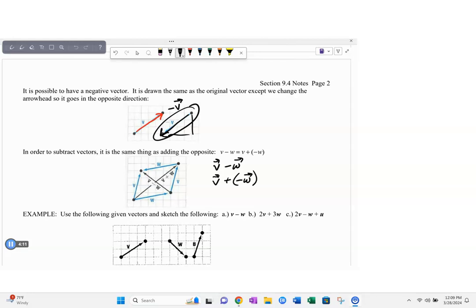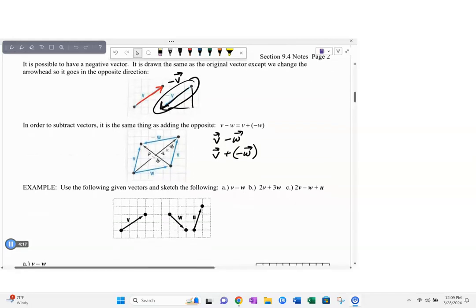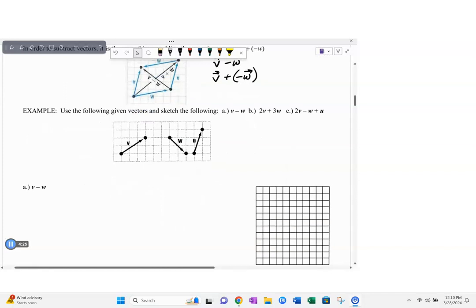We'll do some examples here. Let's do this first one. Here's our vector v, vector w, and vector u. The first one we're going to do is vector v minus vector w. We'll go vector v plus, and then we'll go in the opposite direction of w. So let's do vector v.